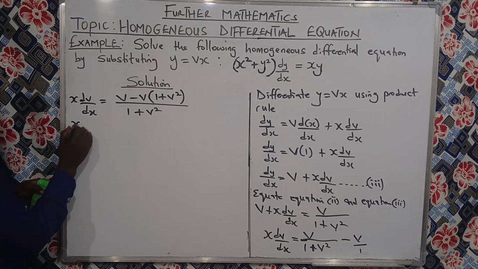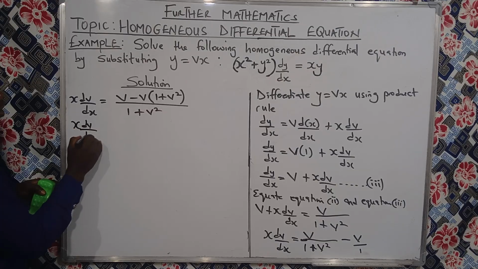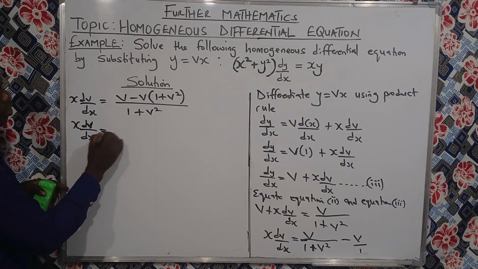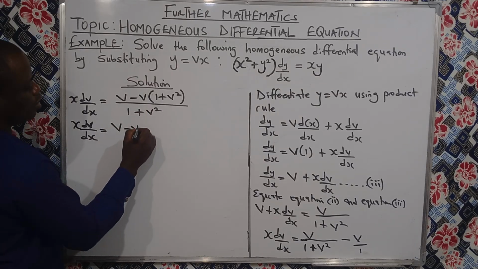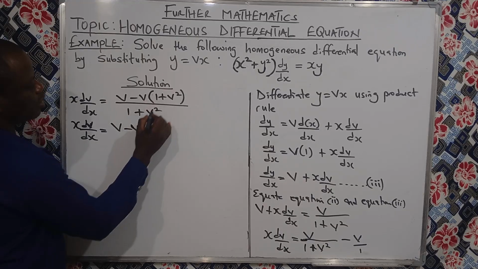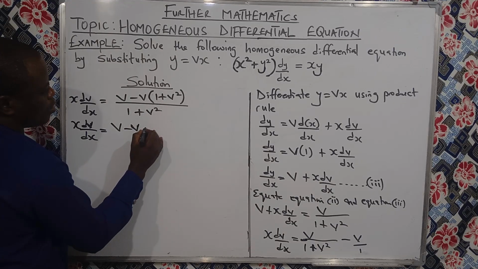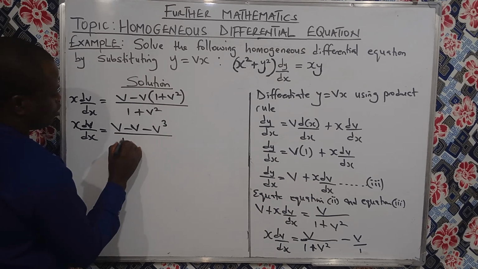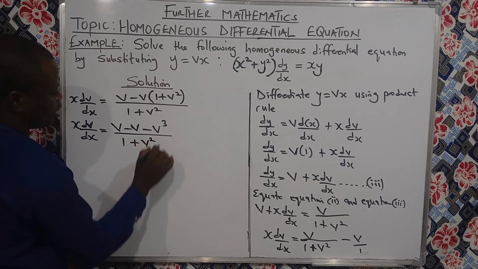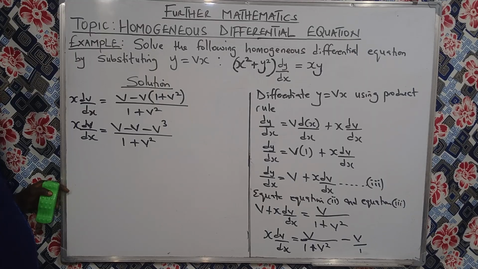You now have x dv over dx equals v. Let's open this bracket. Minus v times 1, that's minus v. Minus v times v squared, that's minus v raised to power 3, over 1 plus v squared. Very simple expression.